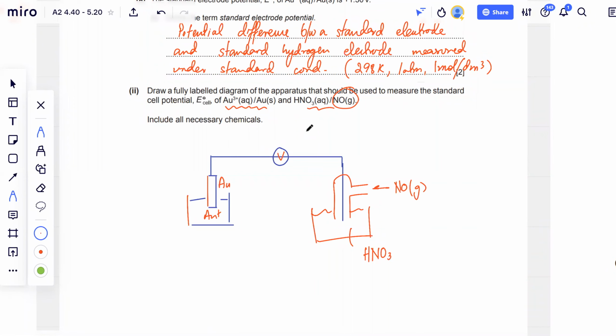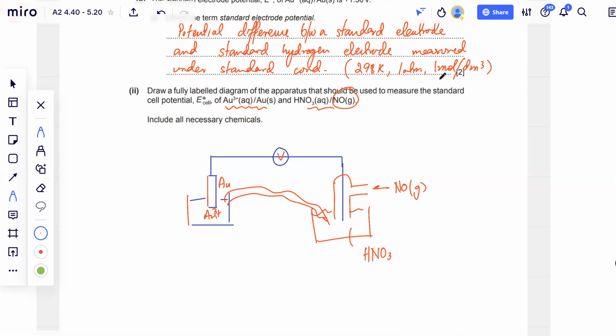So these are your two electrodes. You've got an Au3+, sorry, this should be Au3+. One thing is missing. What's that one thing? The salt bridge. So you can draw a salt bridge over there and label everything.